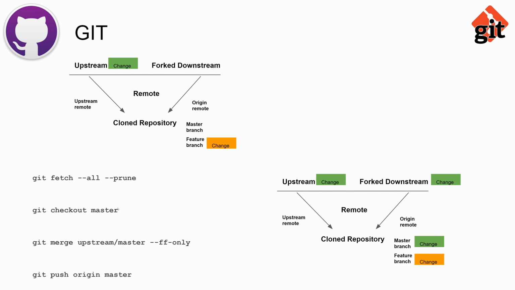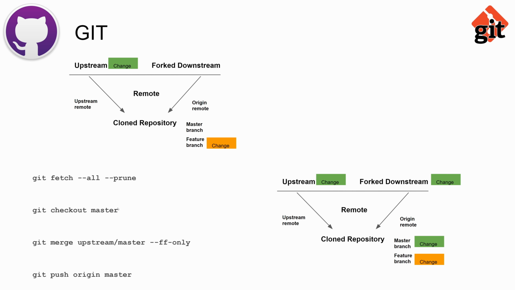So this will not only bring in the changes from the upstream remote, but also from the forked downstream remote as well. So for example, even though you own the forked downstream and you cloned it and then you made a branch called feature branch, there is a possibility that some more code changes would have gone into the forked downstream as well.